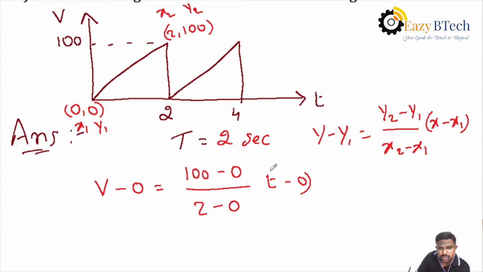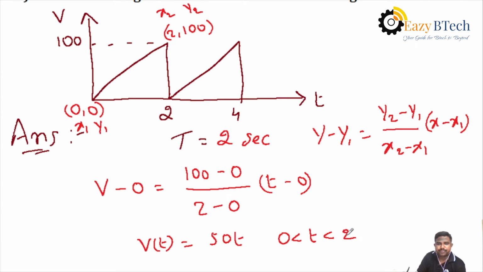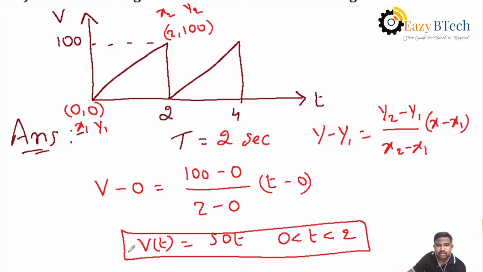Then the equation of the line is v of t equal to 100 by 2, that is 50 into t, for 0 less than t less than 2. So this is the equation of the given waveform: v of t equals 50 t.